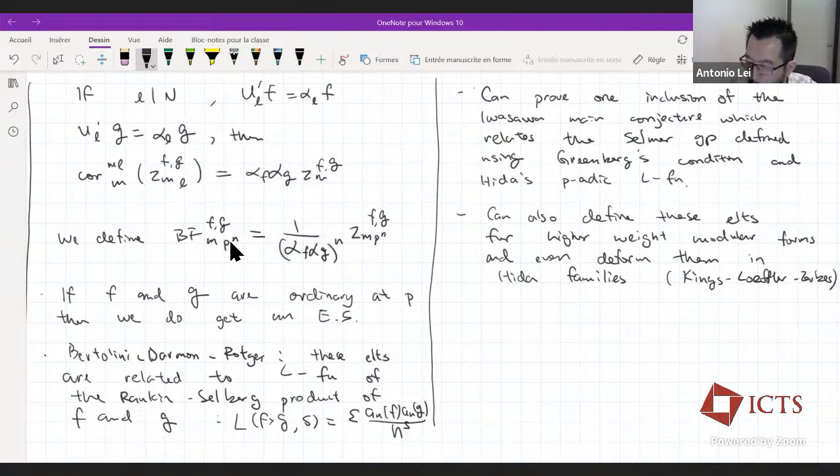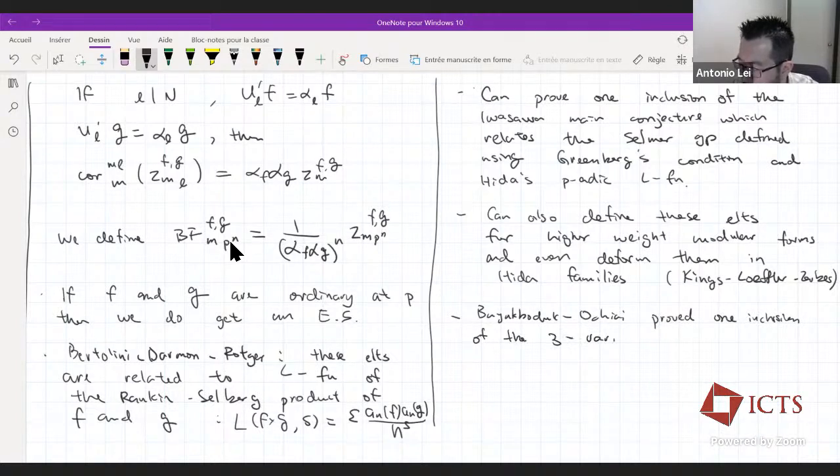And so a work of Building and Ochiai used these elements to prove a 3-variable one inclusion of the Iwasawa main conjecture.